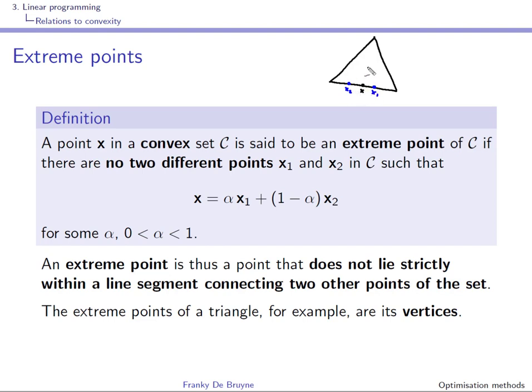And it's obviously also true, for example, for an x that is over here. But for an x that is on the vertices, it is impossible to find 2 different points x1 and x2 such that x can be expressed as a convex combination of them.